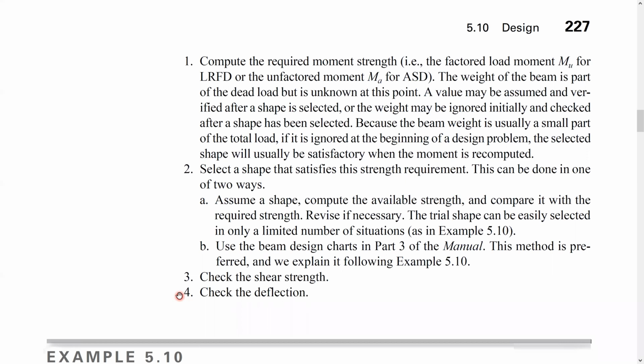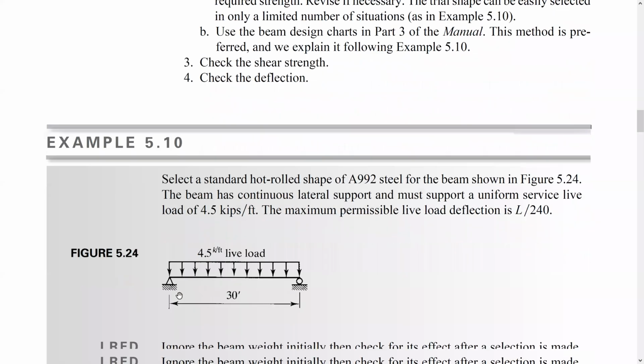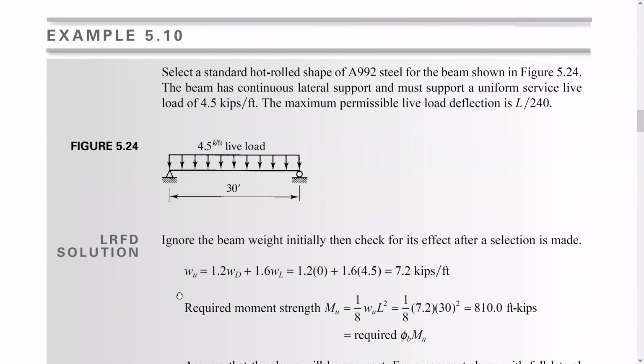So let's solve example 5.10 here on page 227. The problem statement says, select a standard hot rolled shape of A992 steel for the beam shown in figure 5.24. So for this beam, we need to select a cross section.